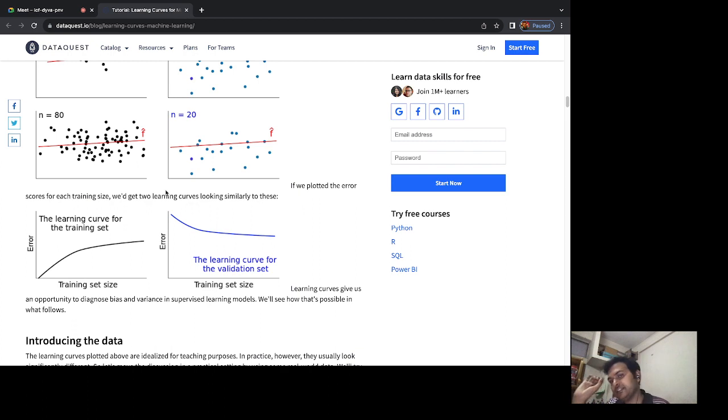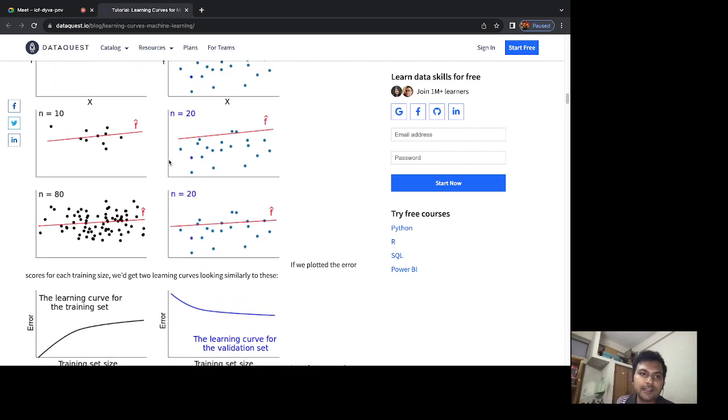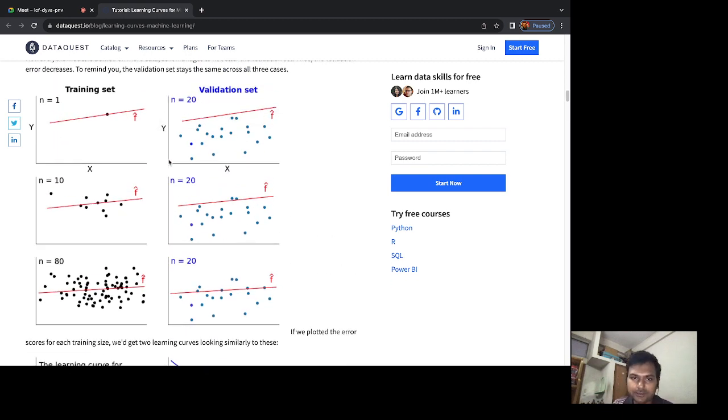That's the first assumption that you will take. Suppose you have a model, now your model gets fixed. Now, as they have said, you give it one sample to train on, then you give it 10 samples to train on, then you give it 80 samples to train on, but at the back end their model is always fixed.